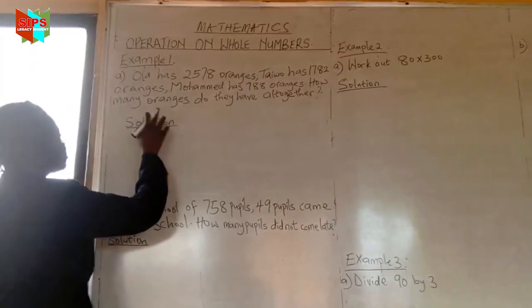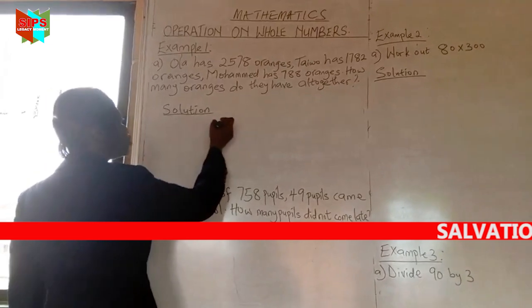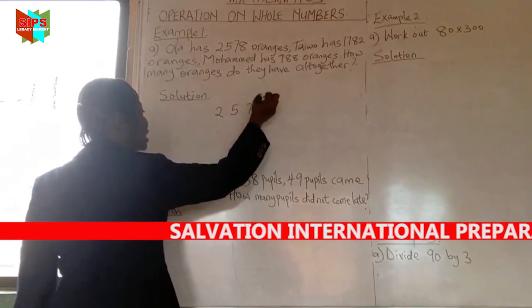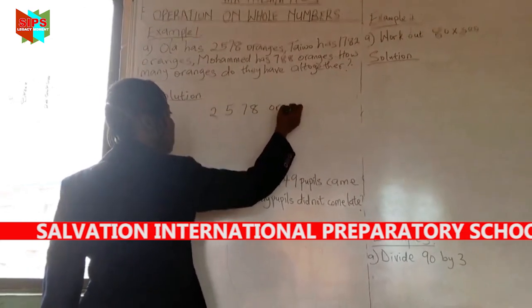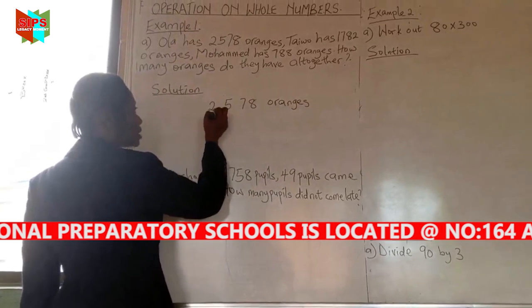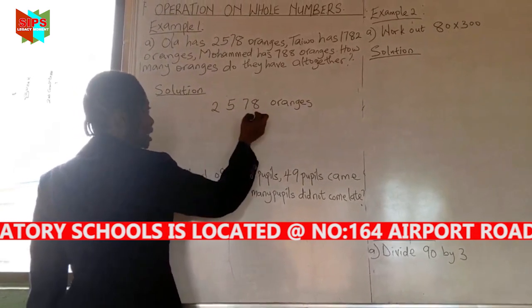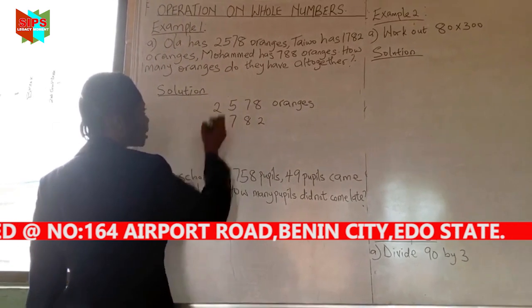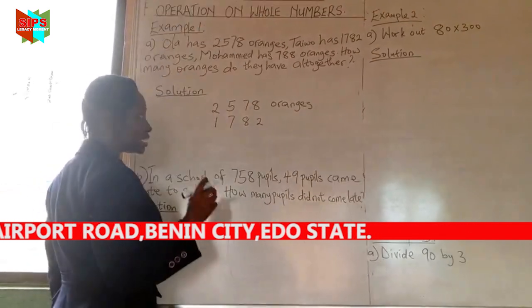So moving on to the solution, start by writing your 2,578 oranges. Then for Taiwo, 1,782. And Mohammed 788 oranges.